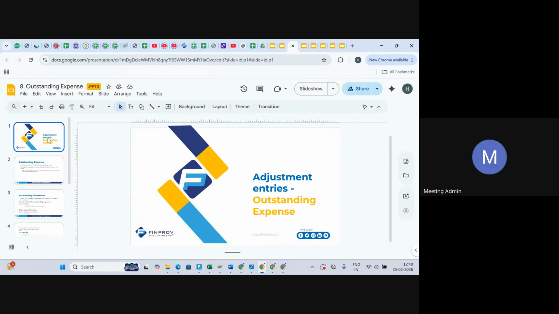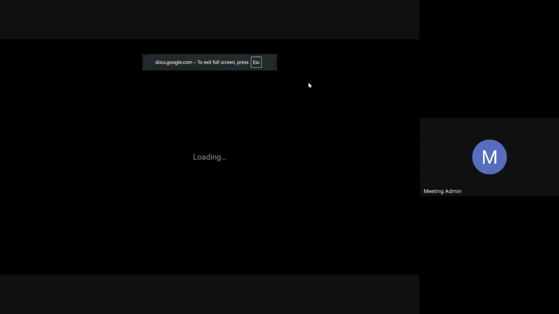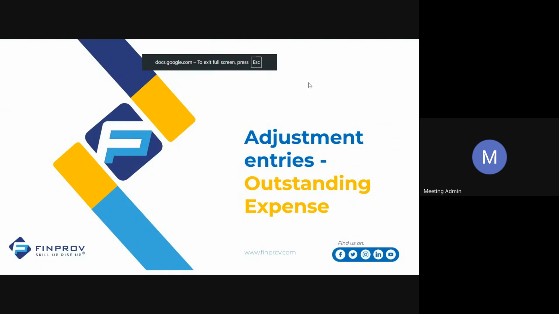Okay, next we have an adjustment entry, outstanding expenses. What do you mean by outstanding expenses? Any idea? Yes, exactly. So it is also an adjustment entry.